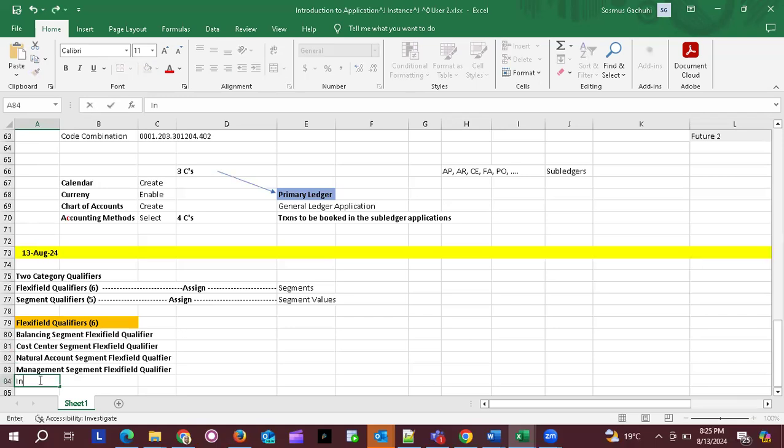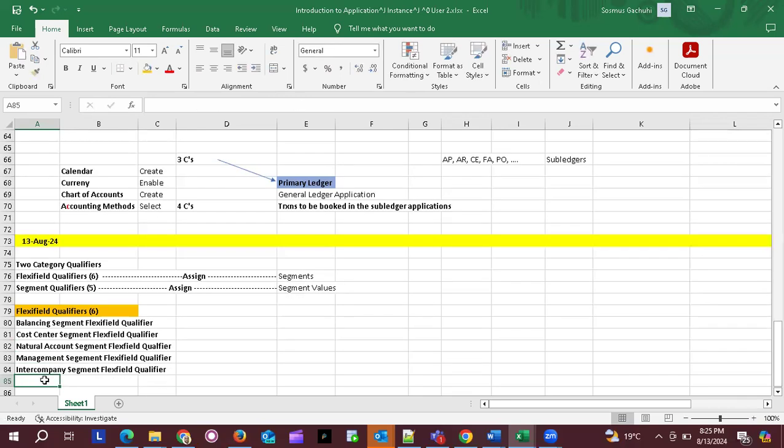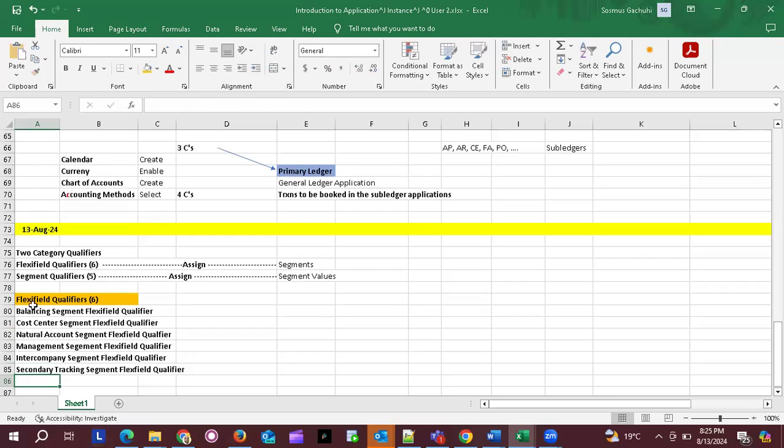We have intercompany segment Flexfield. The sixth one is secondary tracking segment Flexfield qualifier. Are they six? Yes, they are.